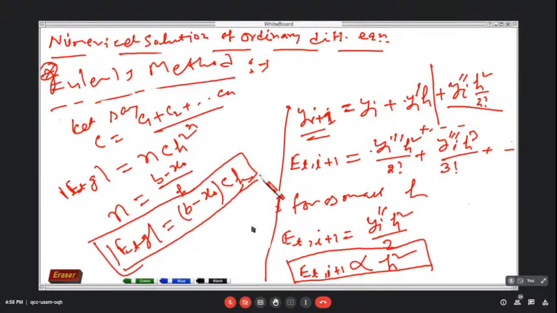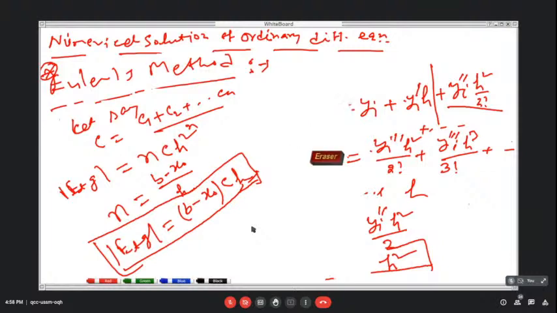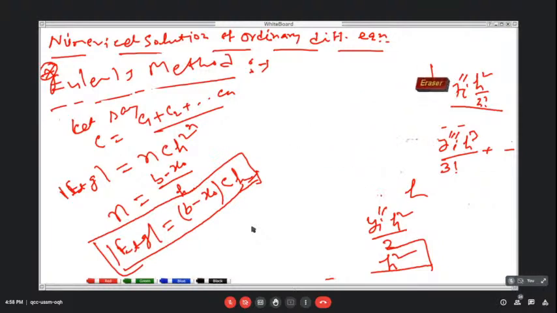So see, depending on your calculation or step size, you have a different truncation error. From this example, whatever we discussed, can you calculate this truncation error?